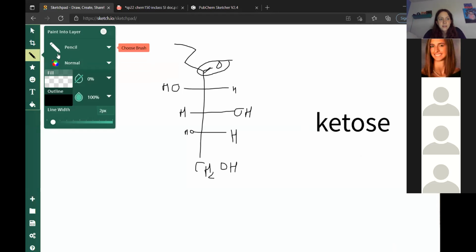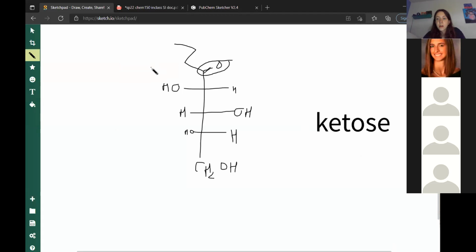Now it asks us to count whether it's a pentose, hexose, heptose, anything like that, triose. So I'm just going to count all the carbons now. I'm going to start up here. 1, 2, 3. I'm going to make this a little bit shorter off of this end. I'm just going to chop this. So imagine this is just a carbon here.